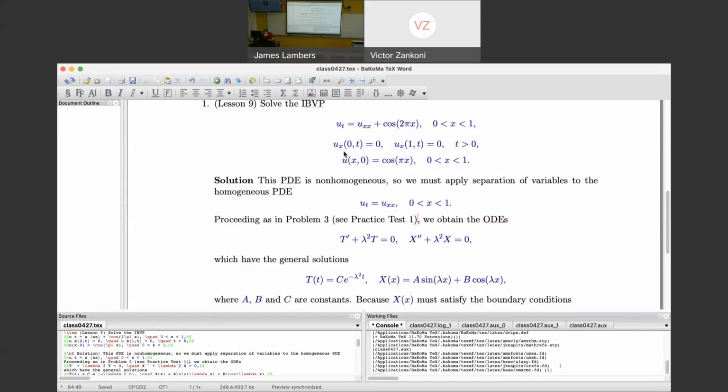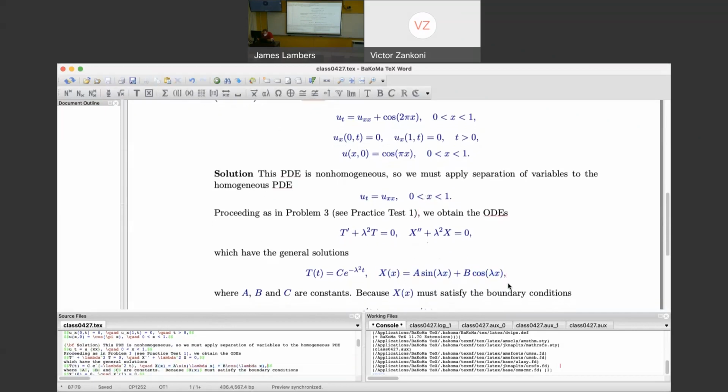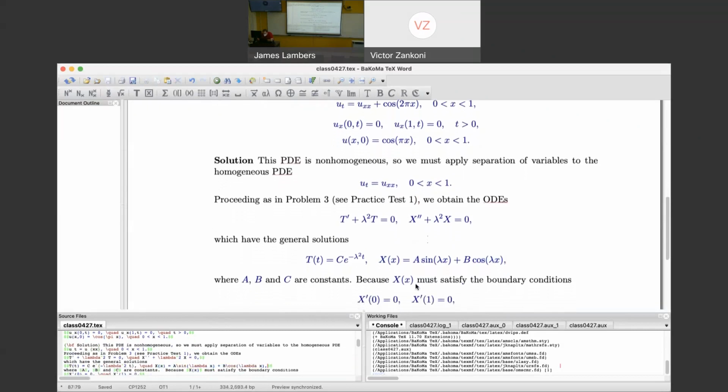In this case, the boundary conditions are du/dx is 0 on the boundary, so the solution of the spatial ODE must satisfy these: the derivative is equal to 0 at the endpoints, x equals 0 and x equals 1.